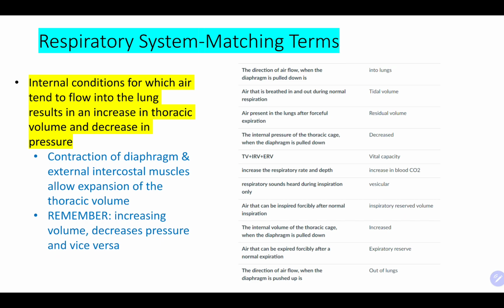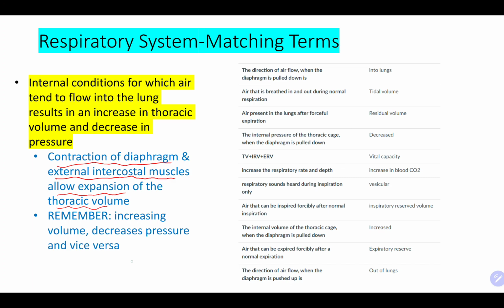You also want to have some matching terms, right? But before we get there, the internal conditions in which air tends to flow into the lungs result in an increase in the thoracic volume and a decrease in pressure. So remember, I mentioned that the contraction of your diaphragm and your external intercostal muscles allows for the expansion of your thoracic volume. As we remember from those respiratory laws, as you increase the volume, you decrease pressure, and vice versa.